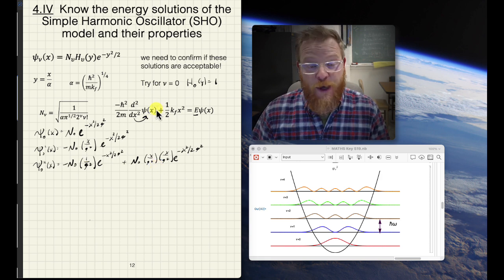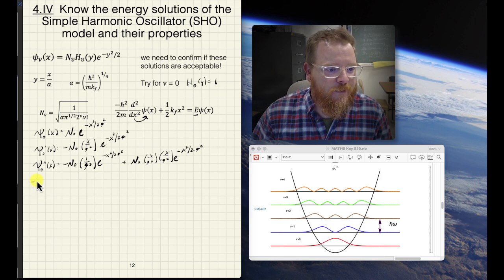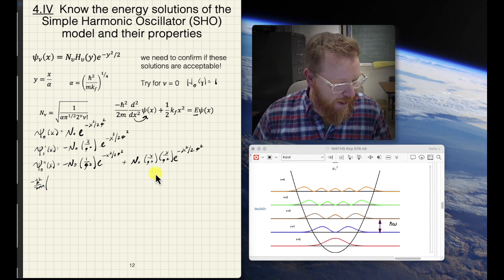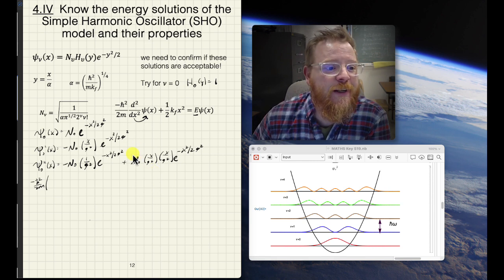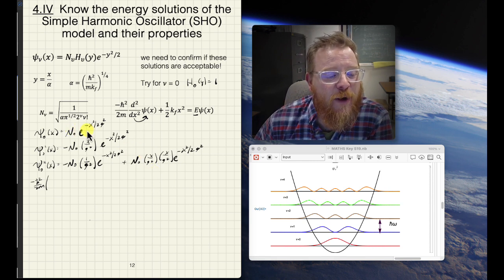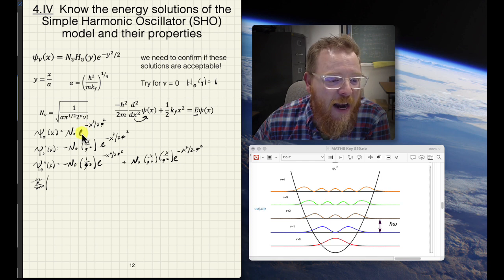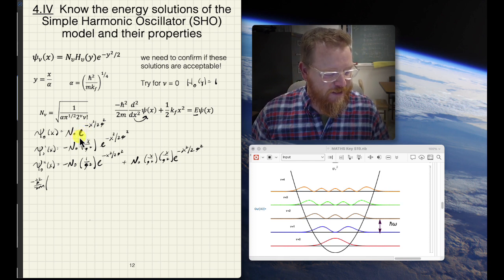So now we can plug all of that back into psi, keeping track of our constants. So we'll have a negative h bar squared over 2m. I'm going to plug in my solution here. And what I want you to note here is we could see our wave function was N times e to the negative x squared divided by 2 alpha squared. So every time I see that, I'm just going to replace that with psi of 0 to make this easier to write.